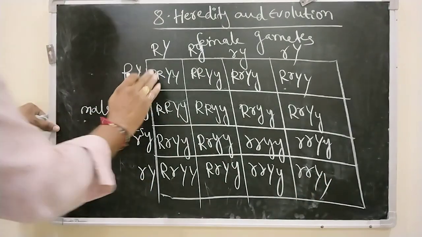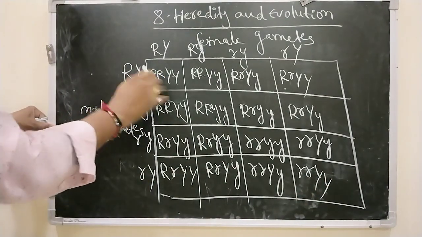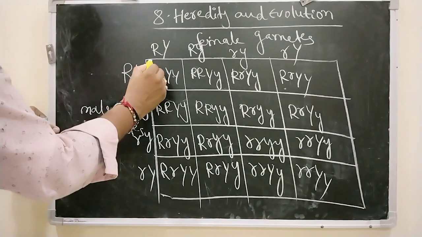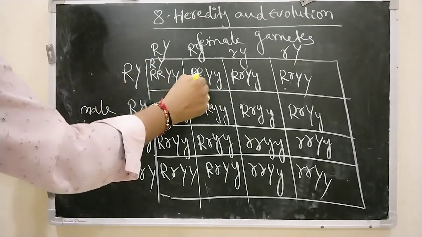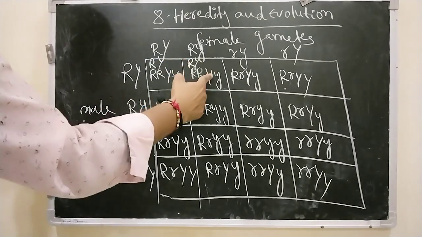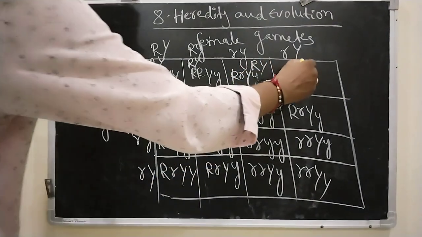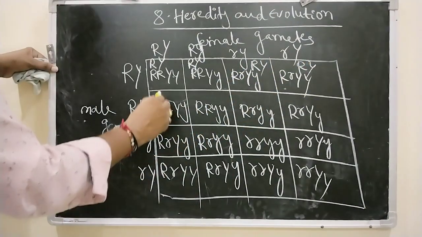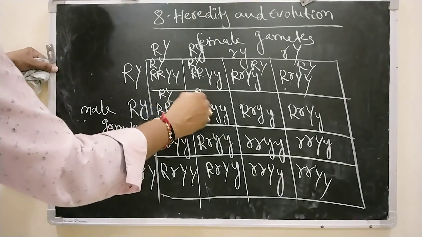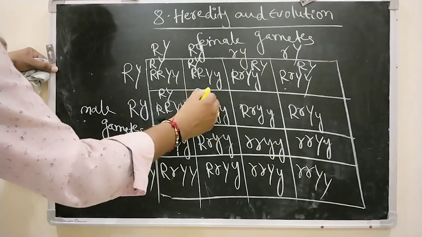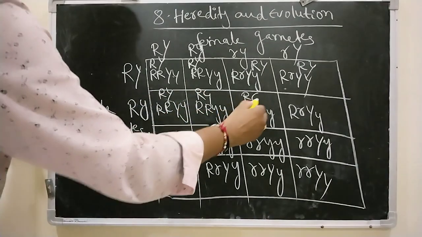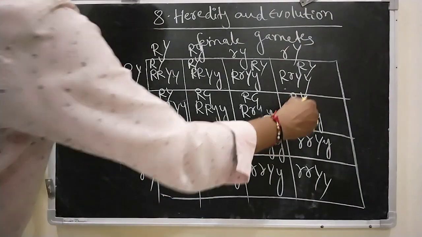See here, what about the color and shape here? So this is round yellow, this is round yellow. Why? Because this is dominant. Here round yellow, round, so both are small y's, green, round yellow.